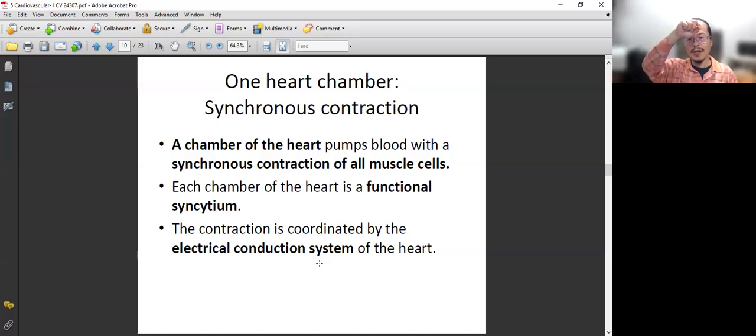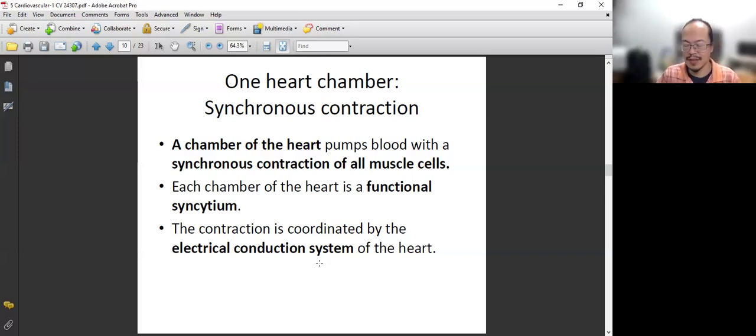So we will have a wire from the SA node to both left and right atrium, exciting them to contract, and then to the AV node to both left and right ventricle, exciting them to contract. So they will contract in sequence: left and right atrium contract together, then left and right ventricle contract together, and then squeeze the blood out. One goes to the pulmonary circulation, the other to the systemic circulation.